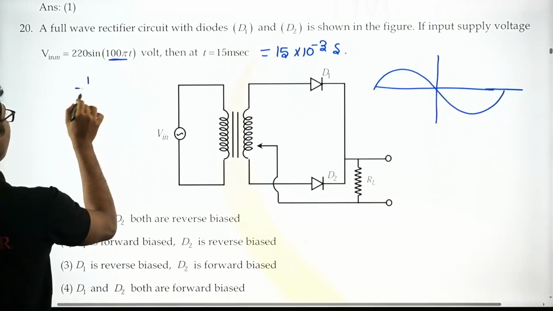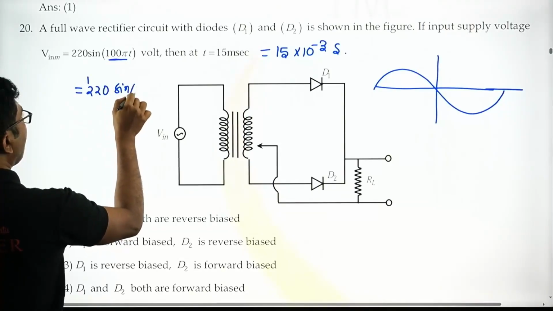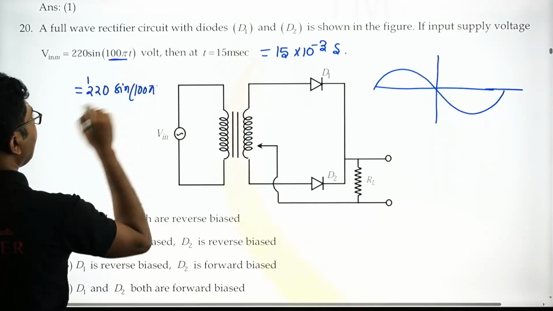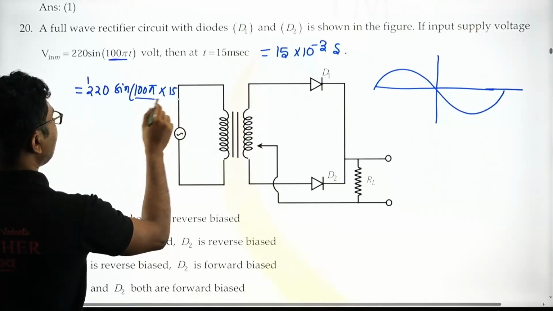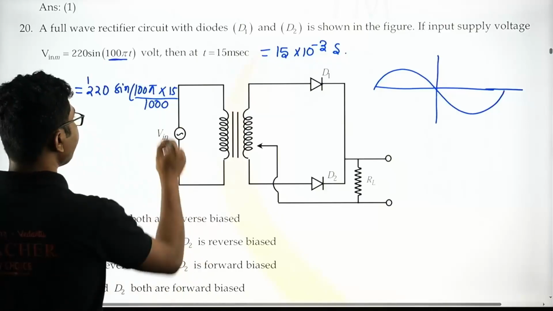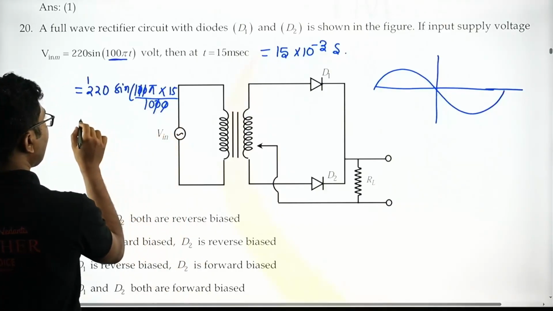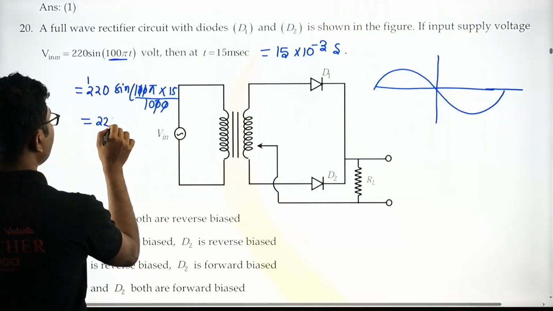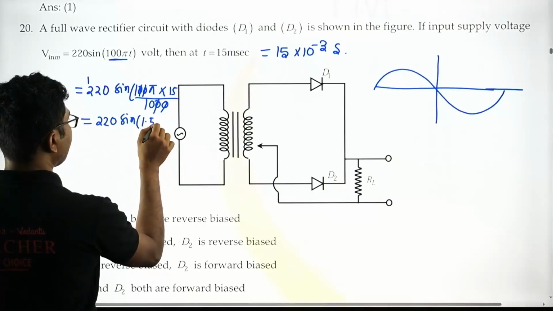Okay, if you put that value over here, you will get the answer. So 220 sine 100 pi into 15 divided by 1000, right? So the zeros cancel, you get 220 sine 1.5 pi.